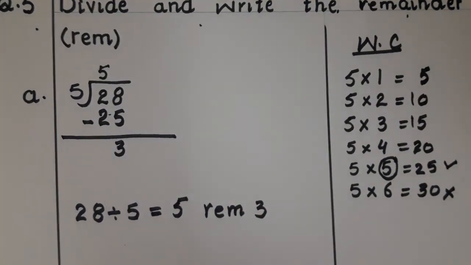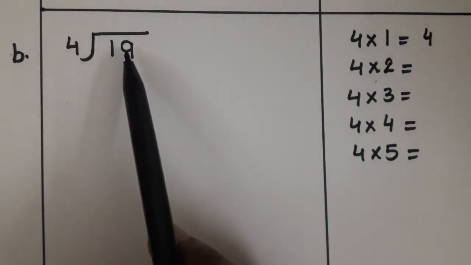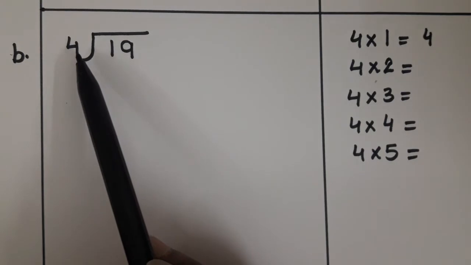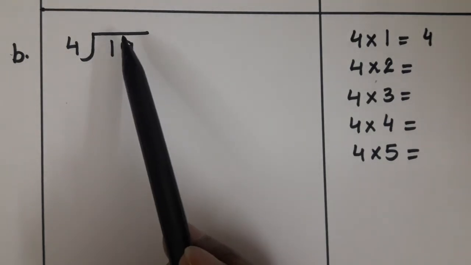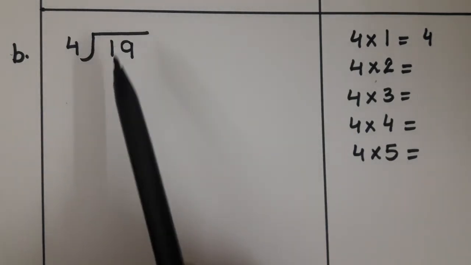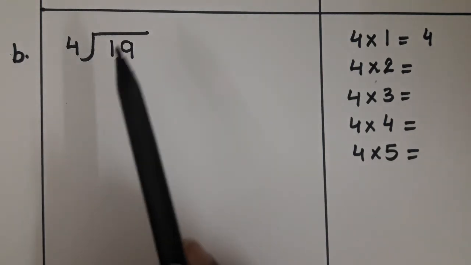In the same way, students, we will do part B: 19 divided by 4. If you have learned the table of 4, you can do it without writing the working column. You can write 4 times 1 is 4, 4 twos are 8, 4 threes are 12, 4 fours are 16, 4 fives are 20.